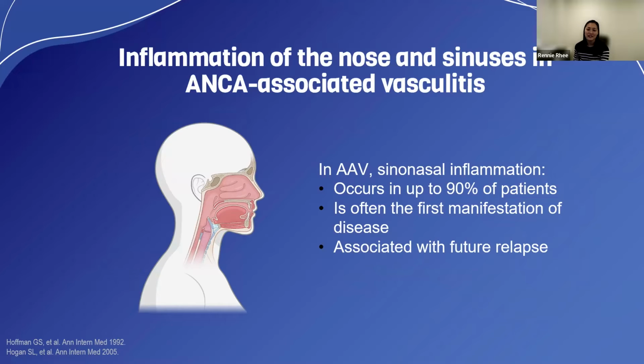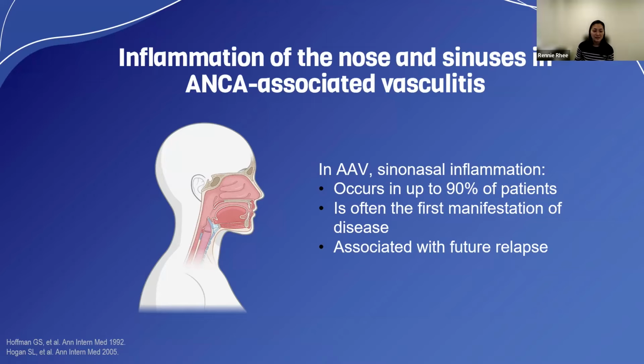It's a small vessel vasculitis, and it can often affect sinuses and nose and many other organs as well. Sino-nasal inflammation can occur in up to 90% of patients. It's often the first manifestation of disease, and it is associated with a higher risk of future relapse.